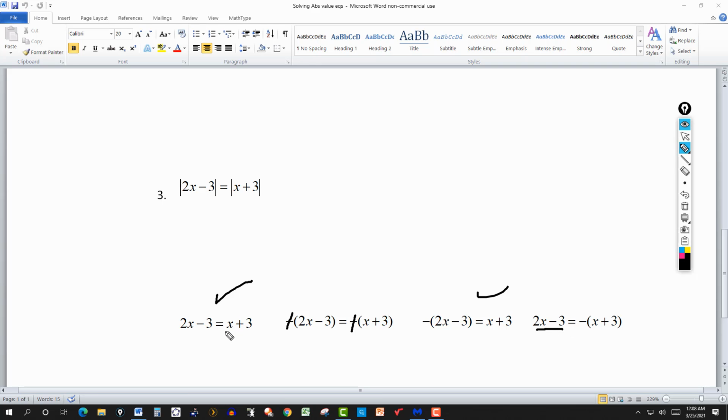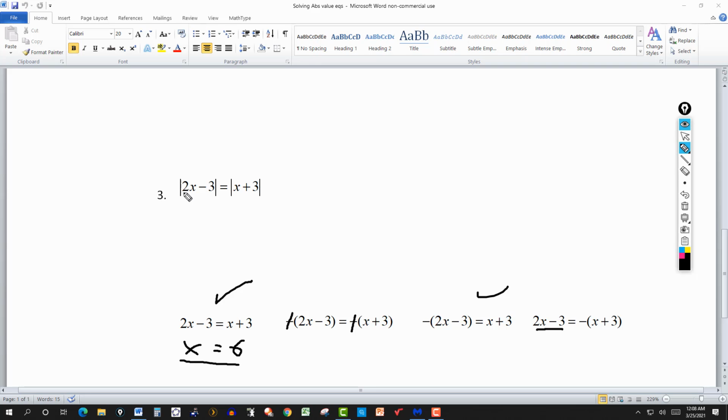Let's solve this one. Let's subtract x from both sides here. Then I get x. Subtracting x from both sides, I get x, and then let's add 3 to both sides to isolate the x. Then we get x equals 6. So x equal to 6 could be one solution.